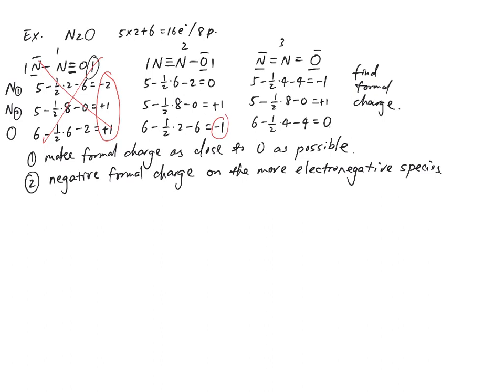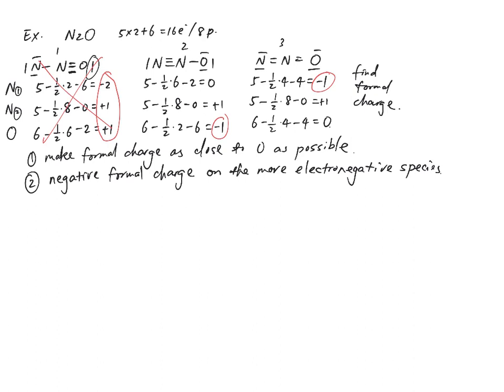We have the negative here, we have the negative here. Now we prefer the formal charge to be as close to 0 as possible, but if we have to have negative formal charge, then we want this to be on the more electronegative element.